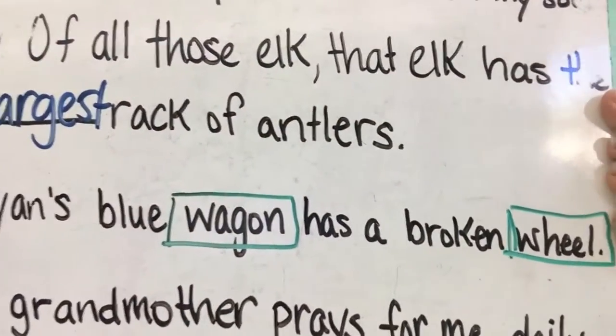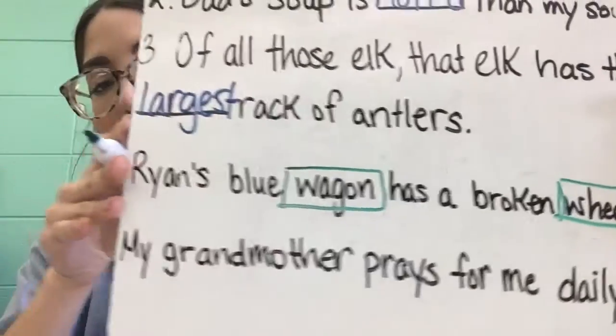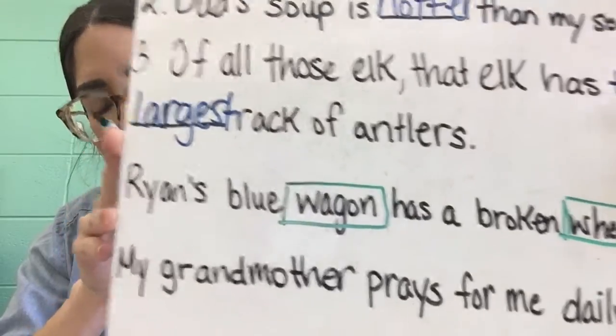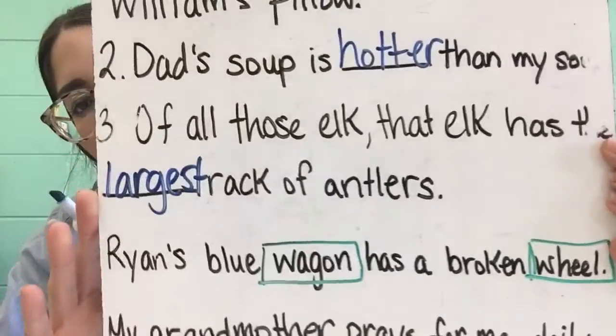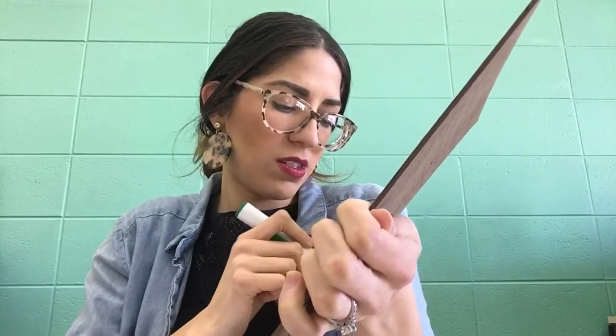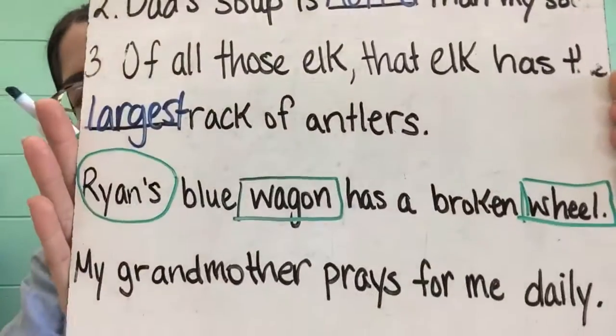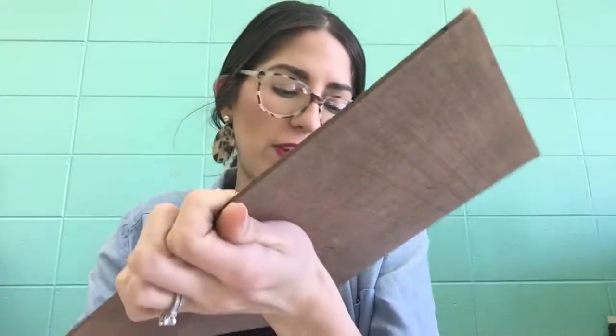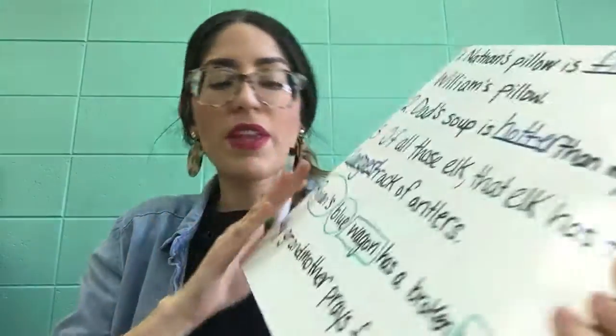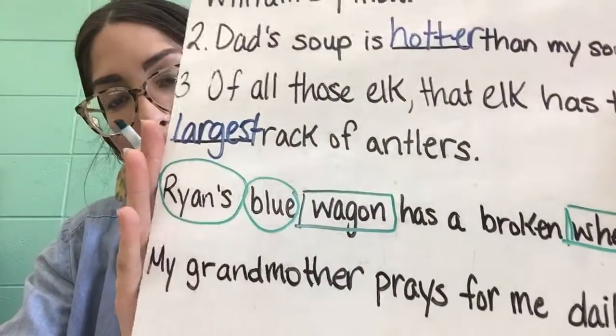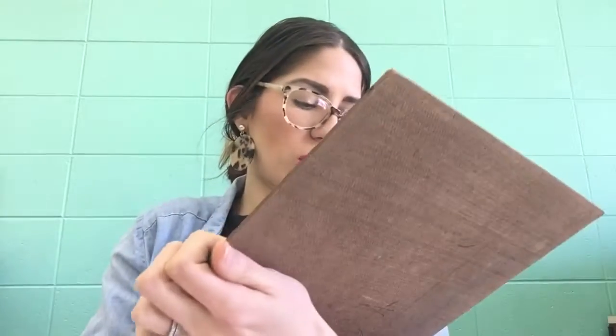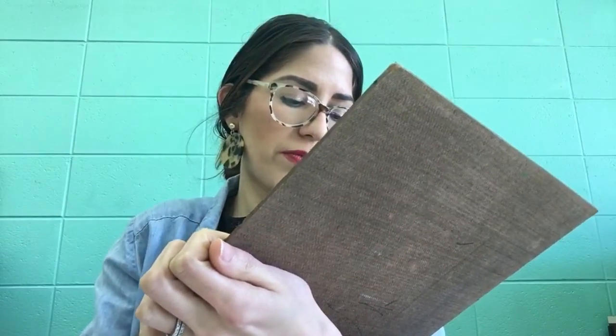Now that we found our nouns, let's go ahead and circle our adjectives. Ready? What's our first adjective? That's right, Ryan's. Our other adjective? Blue. Very good. And those 2 describe what? Wagon. Good. So we'll just do the arrows really quickly here.